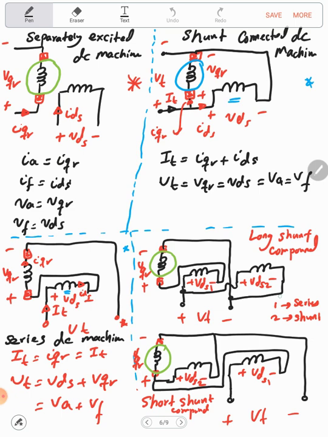Now we have another type of DC machine, which is the permanent magnet DC machine. It is in the same fashion as the separately excited DC machine, except that we don't have any coil in the ds axis. So simply we will end up with only one equation in the qr direction.